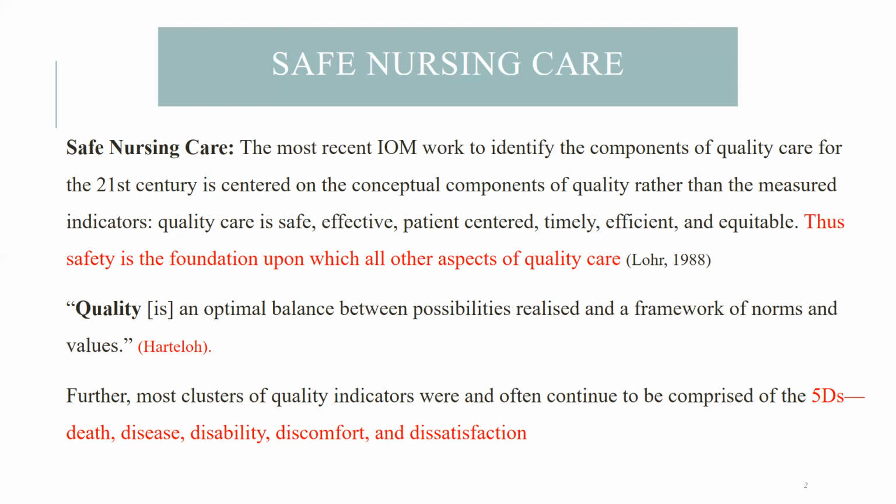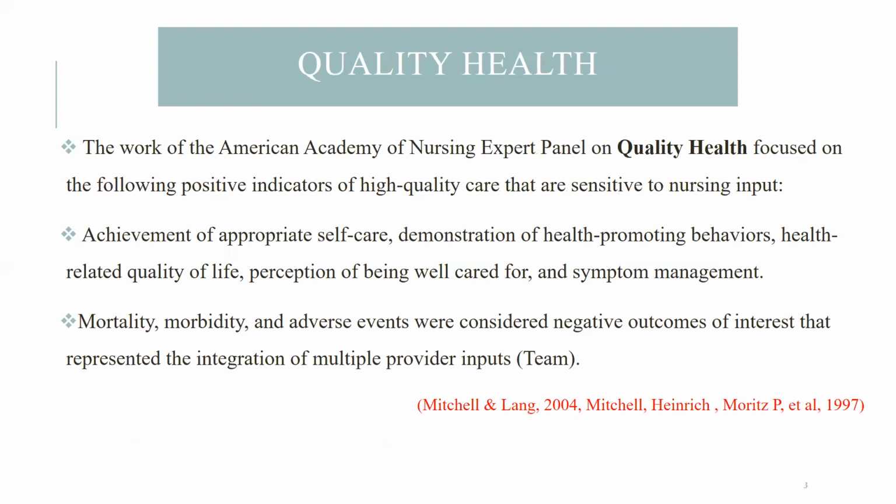This is what quality means. And it can be measured by certain indicators, like what we assess during our unit or ward audit: the mortality of the unit, the disease and morbidity rate, disability, discomfort, and client satisfaction. All these are quality indicators.